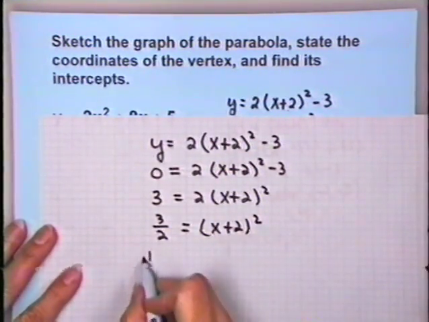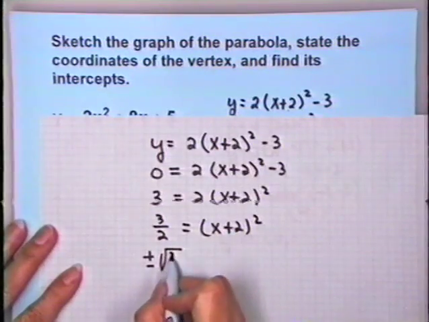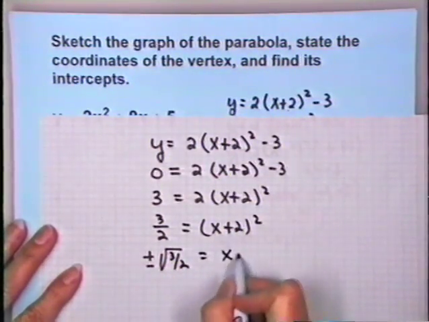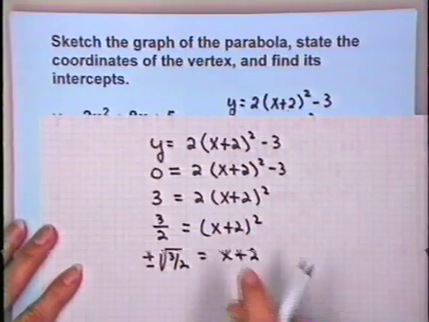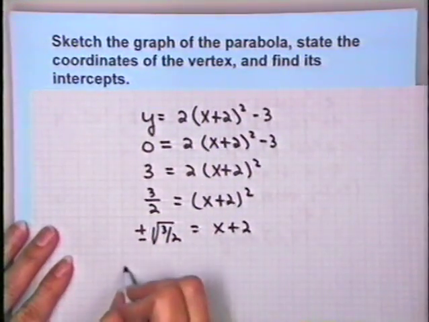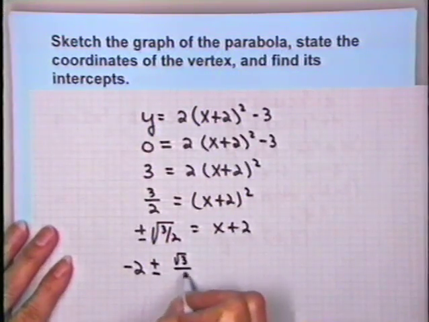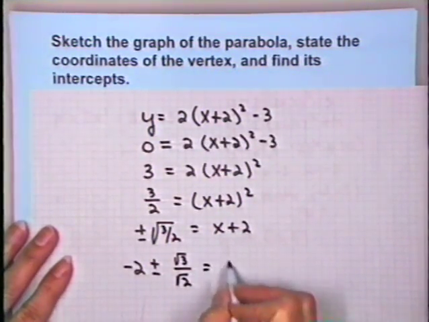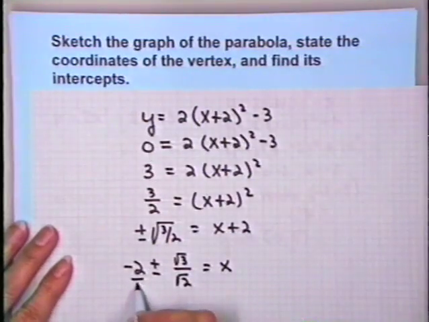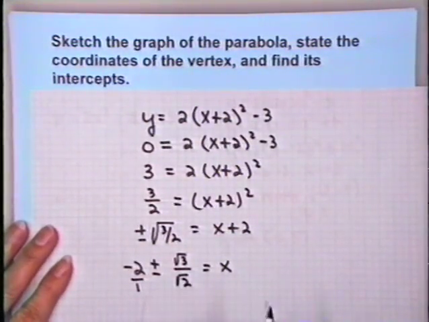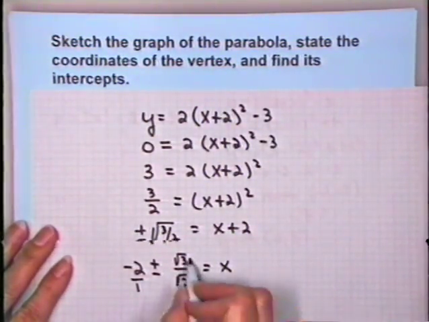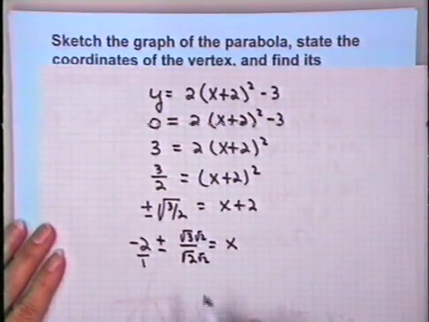Take the square root: plus or minus the square root of 3 halves equals x plus 2. Now solve for x by subtracting 2. Negative 2 plus or minus the square root of 3 over the square root of 2 equals x. You can put that over 1. You can rationalize this. Multiply by the square root of 2 over the square root of 2.